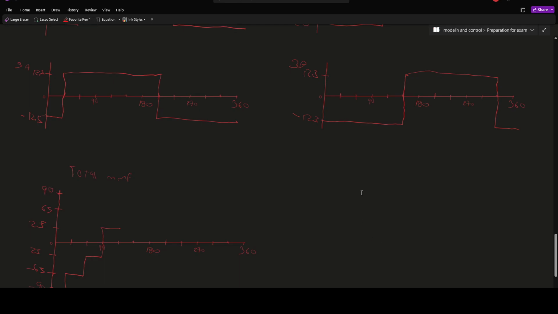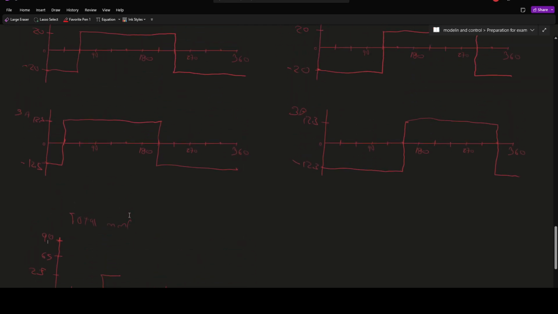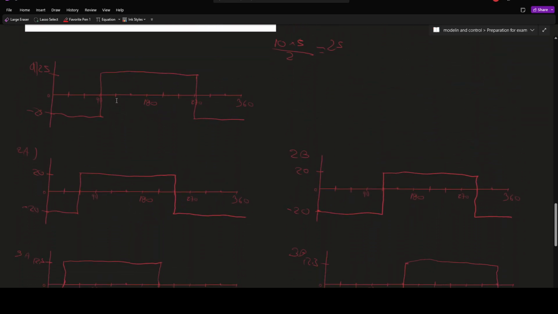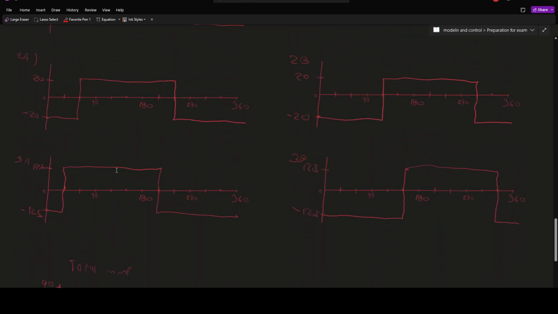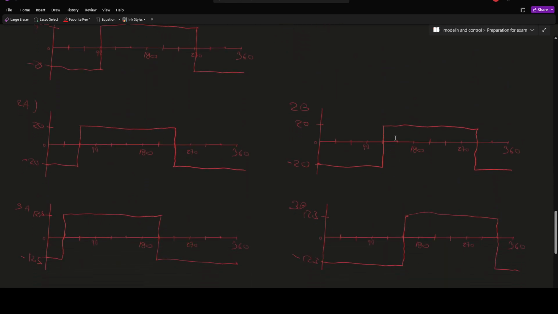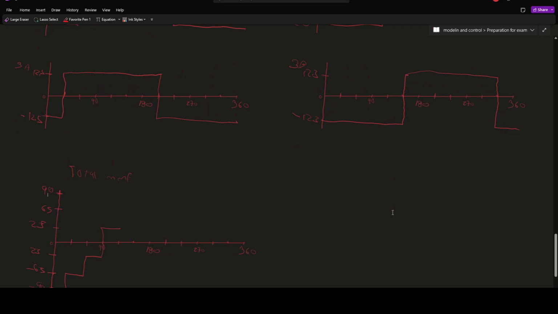But let's see. From 120 to 150, we have plus 25, plus 20, plus 12.5, plus 20, minus 12.5. So we got 65.